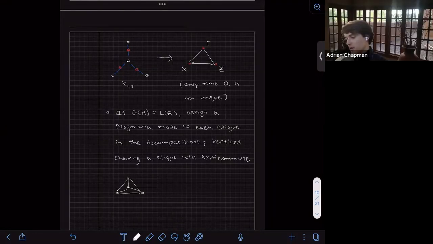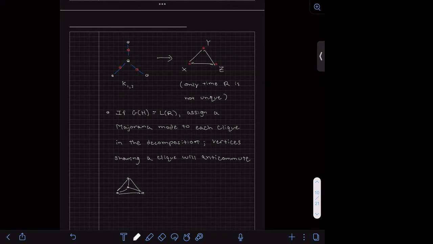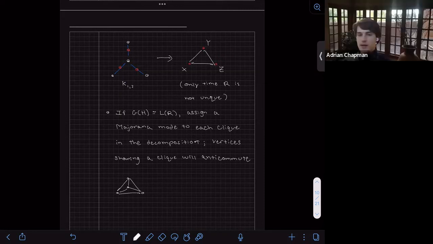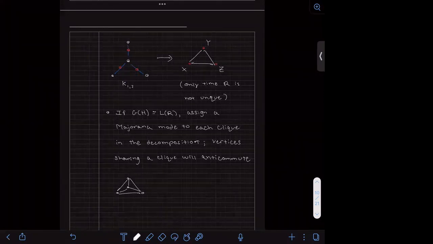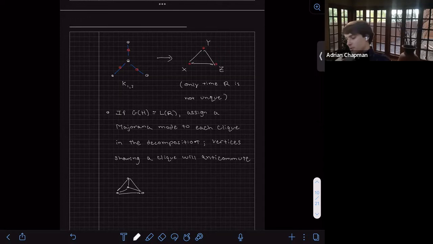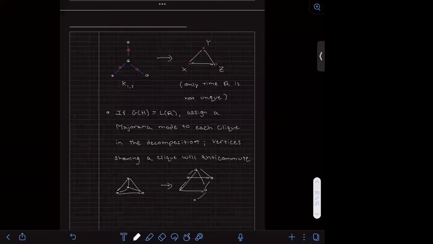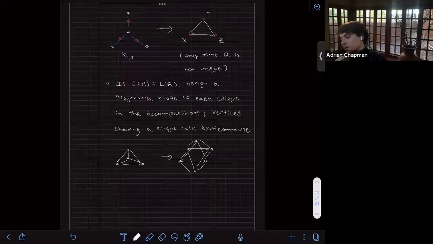Well, this particular graph, you can see, has 6 edges. It will be mapped to the octahedral graph. But when I say a hole, I mean it in the graph-theoretic sense. So a hole is a cycle where every vertex in that cycle has precisely 2 neighbors in the cycle, so no other neighbors.